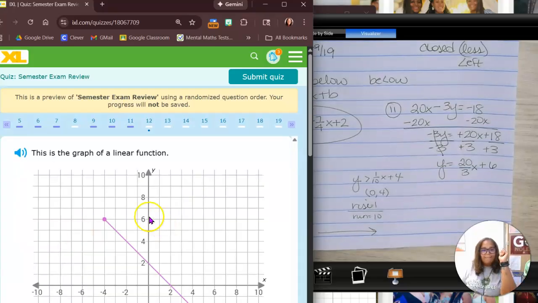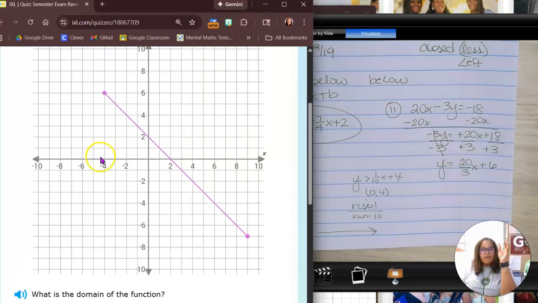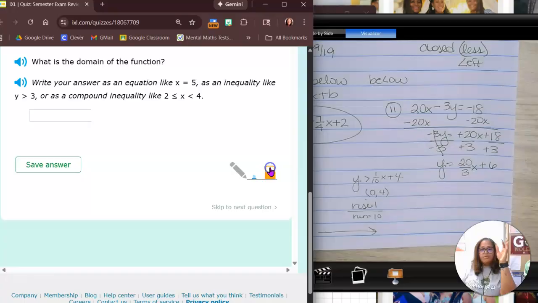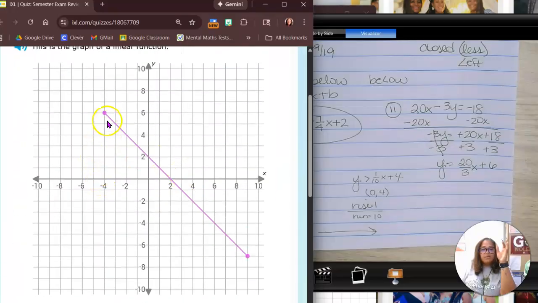Save answer. What is the domain of this function? Again, I'm looking at my leftmost x value and my rightmost x value. Also, you can use the pen to trace. I like to make a box. So this would be left to right.